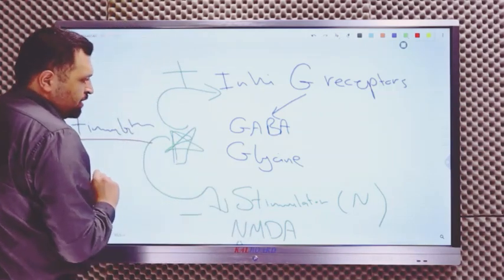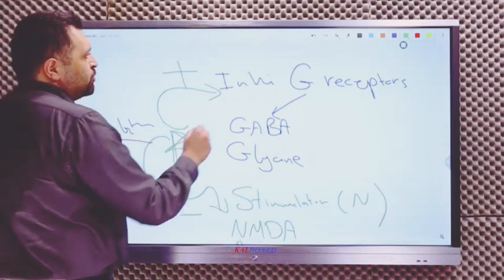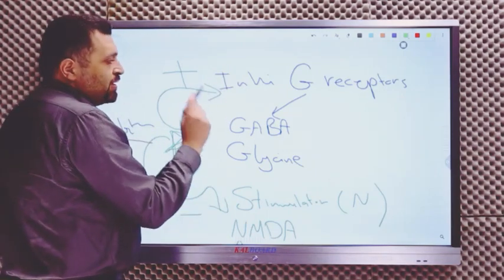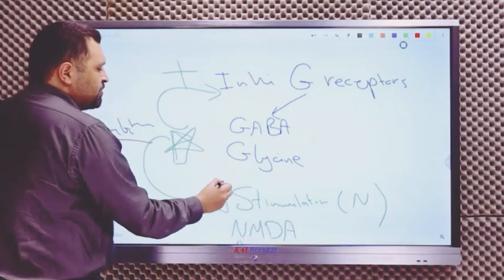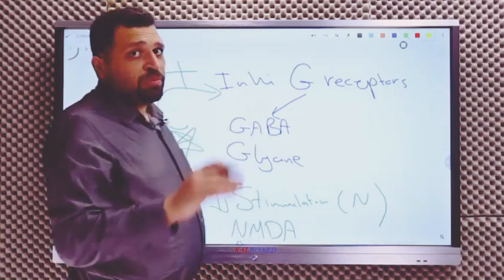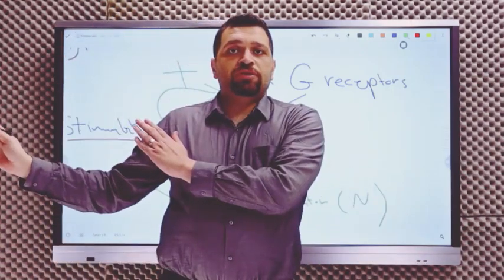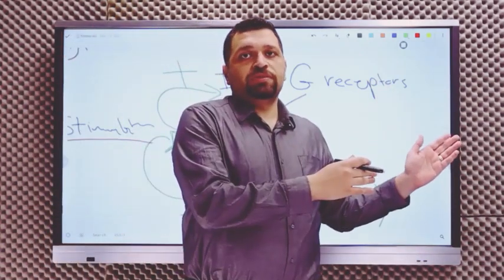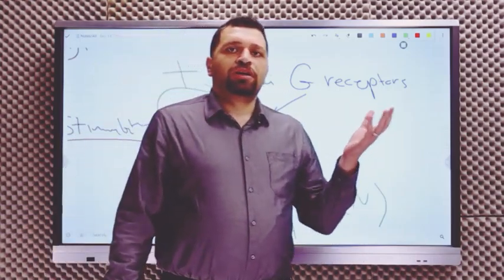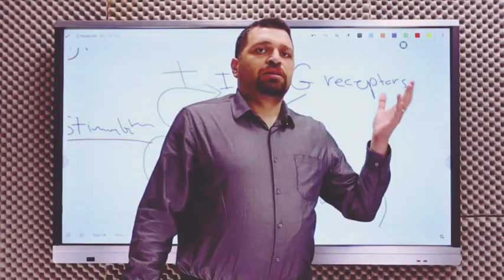So our drugs either potentiate these receptors or make them work more, or inhibit these receptors or make them work less. So remember, the G group is inhibitory and the N group is stimulatory. We have to potentiate the G group or inhibit the N group.